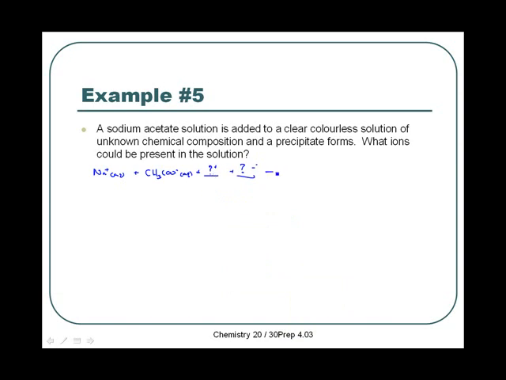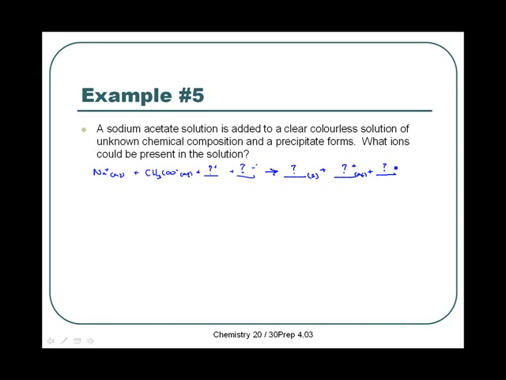There's going to be a negative ion, we don't know what it is. After the reaction, we get a precipitate, so we get a compound. And there's also going to be some positive ions in solution, and some negative ions in solution.